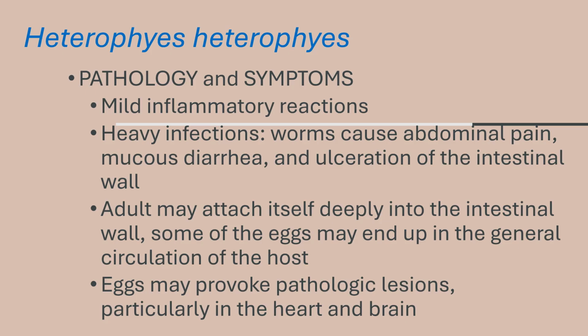In the Philippines, there are reported cases of fatal heart disease that are results of heterophyid myocarditis. Neurologic manifestations due to adult worms or eggs in the brain have also been reported.